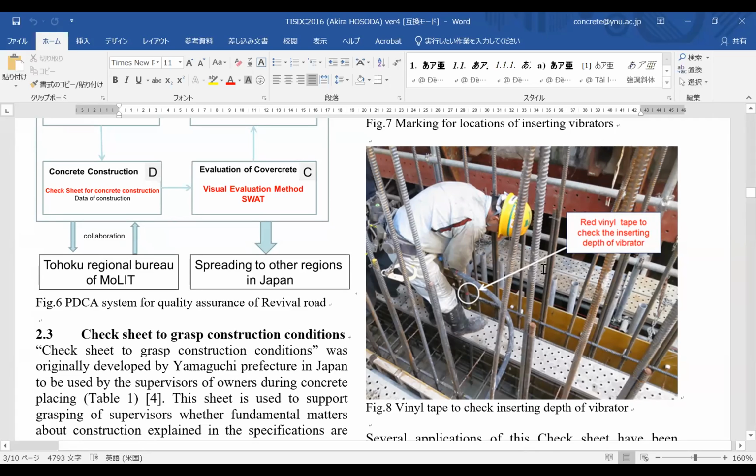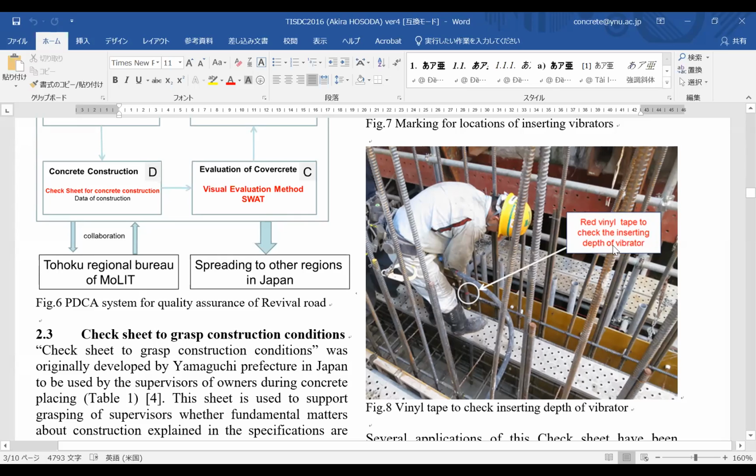Actually, this structure was in Yokohama City. This picture was taken by myself. Can you see a red tape here in the white circle? Yes, sir.